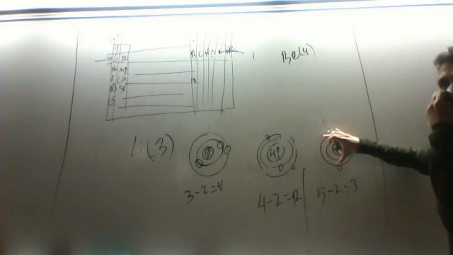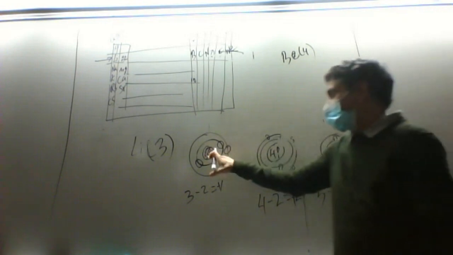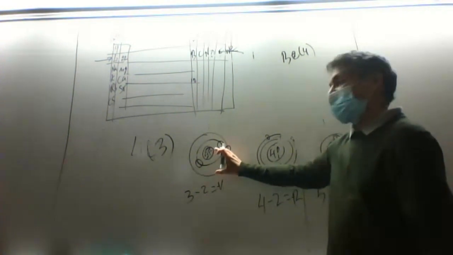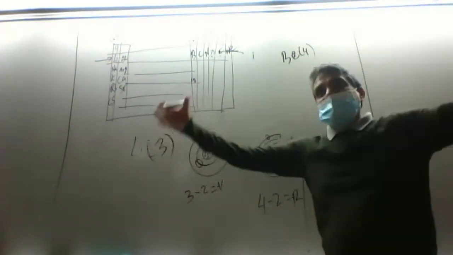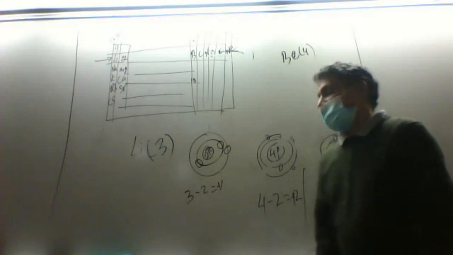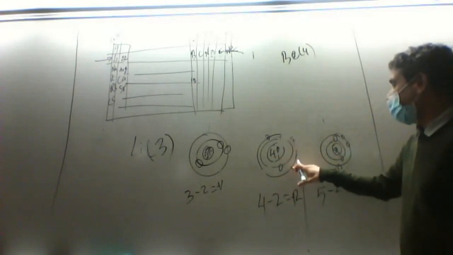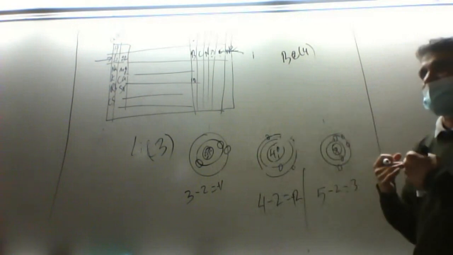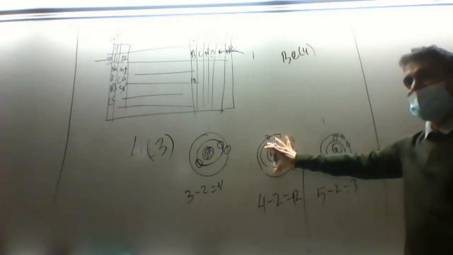Make sense? Easy? So there was only 1 positive charge here, the effective nuclear charge here, so this was not being attracted that much. That just diffuses and it becomes a big one, right? But here, this outermost electron experiences plus 2 charge, so it is attracted more toward the nucleus and the size becomes smaller.